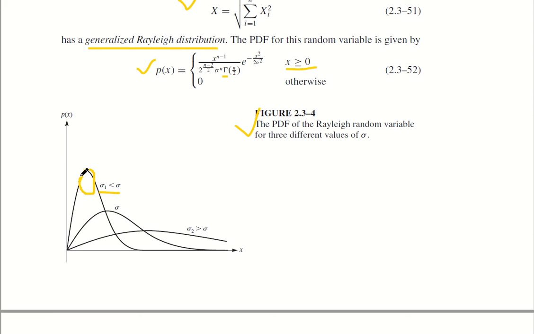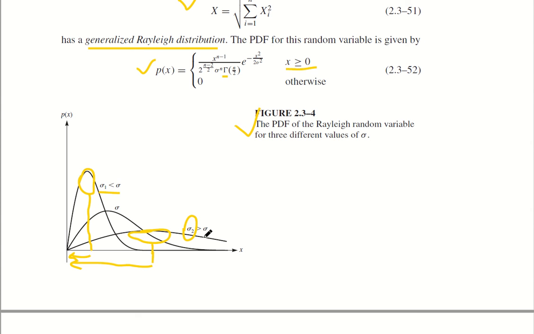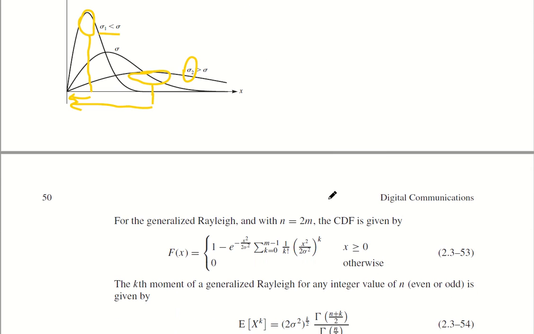The probability density is centered closer to zero. If you have sigma to be large, you see that the probability density here is further away from zero. That is the effect of sigma. Larger sigma, larger variance and larger distribution. Smaller sigma, smaller variance and smaller distribution. That is the concept.